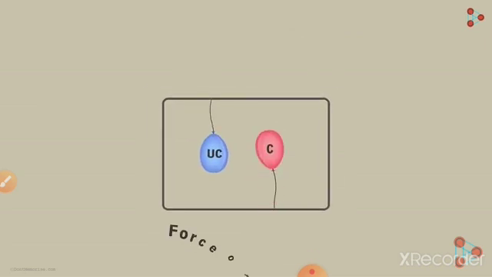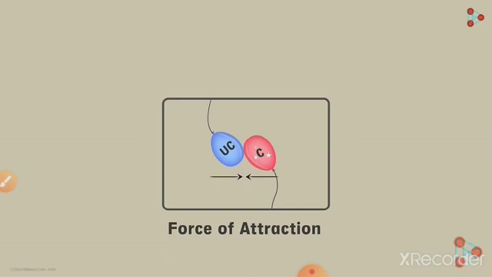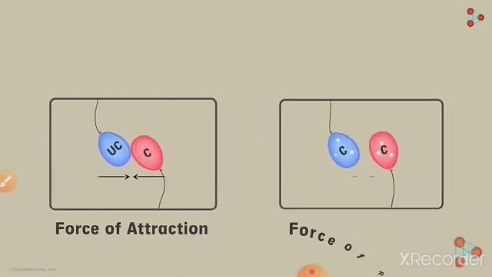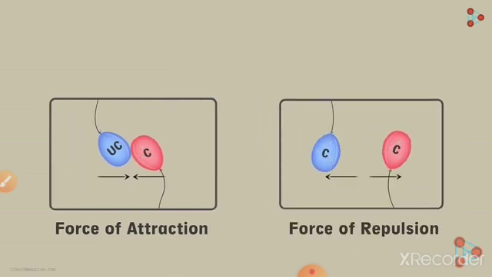The force of attraction created between the charged and the uncharged balloon, and the force of repulsion created between both charged balloons, are formed due to the electrostatic charge. When two charged bodies interact with each other, they experience an electrostatic force.